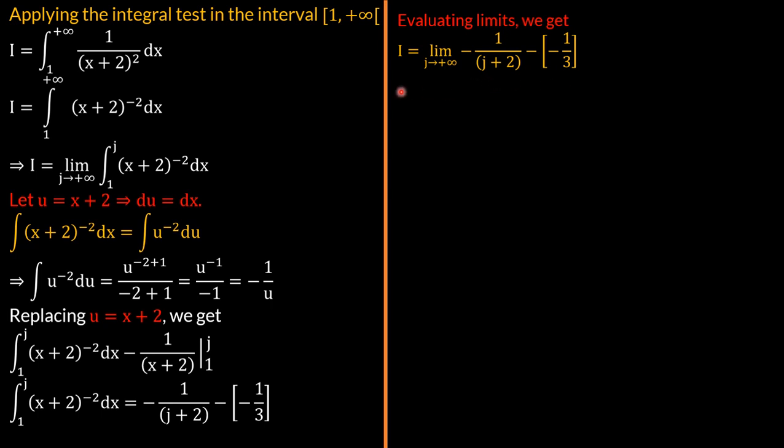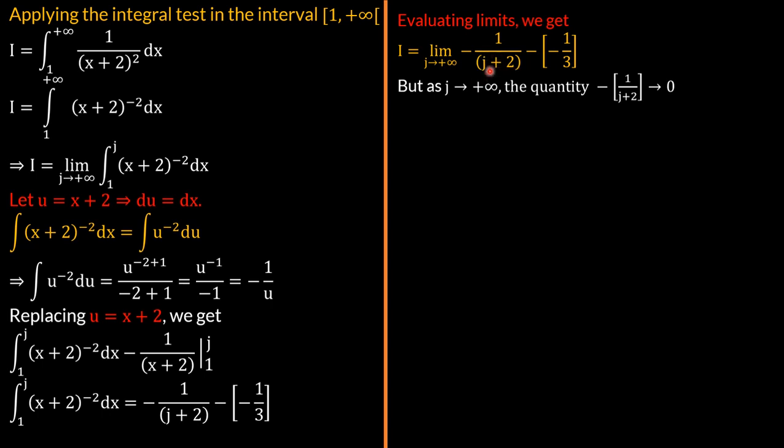Now you clearly see that as j approaches positive infinity, 1 divided by (j plus 2) tends to 0, since as j is increasing, the numerator remains a constant, so 1 doesn't change. But as j keeps on increasing, for example 1 divided by 1000 plus 2 is 1 divided by 1002, which is very small.